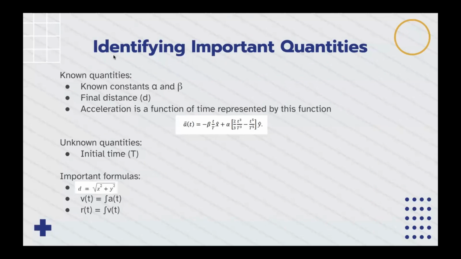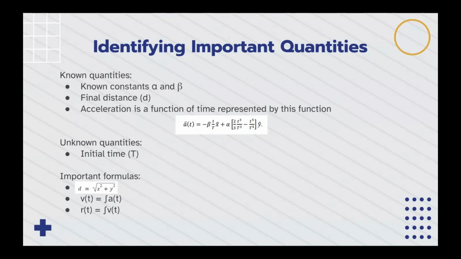So the first thing we want to do when approaching a real life context problem is identify important quantities and variables. So our known quantities are constants alpha and beta, our final distance in the x direction, and our acceleration is a function of time represented by the function given in the problem description.